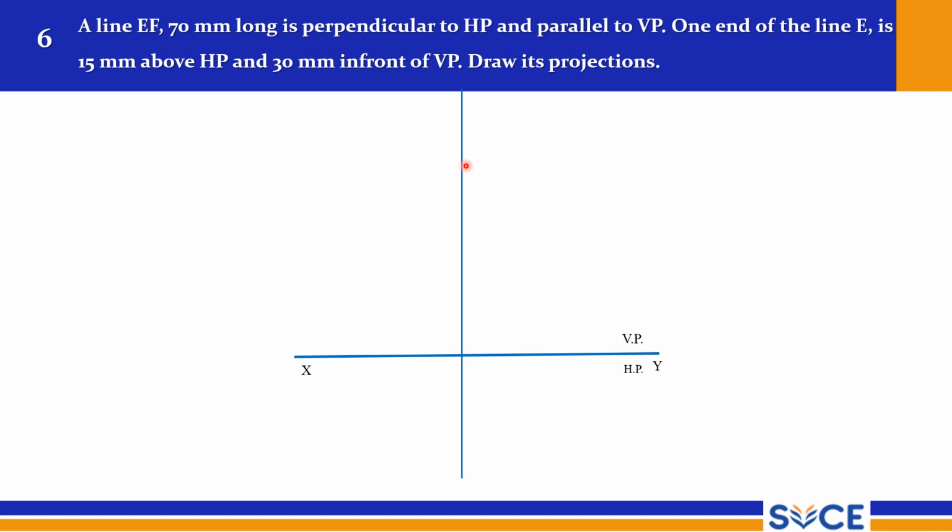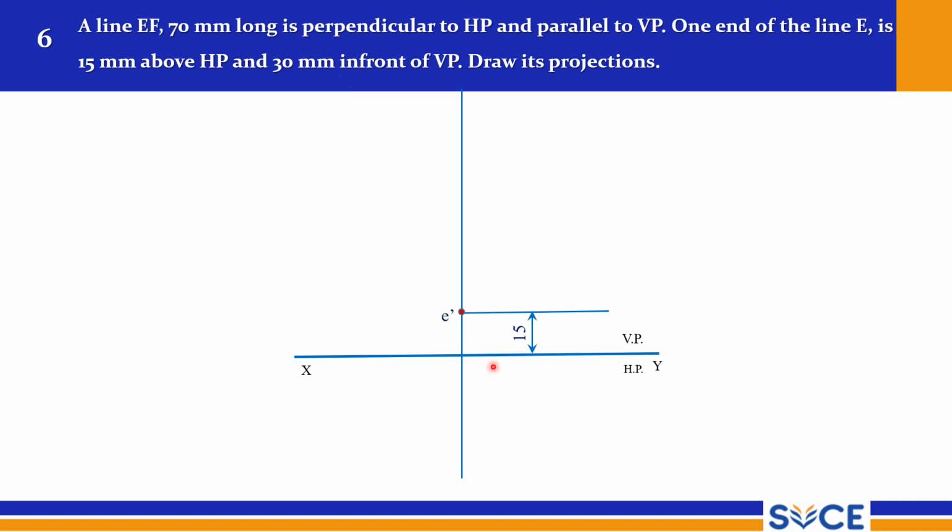When you see from top, when it is perpendicular to HP, you are going to see a point only. The top view will be a point. This is 15 mm above HP and 30 mm in front of VP, right? We will mark that, and this is your first point E.